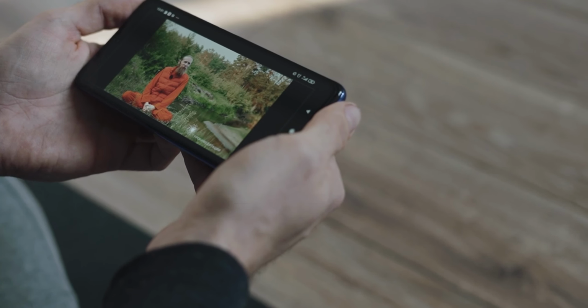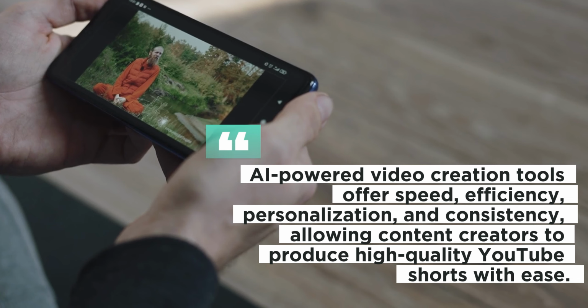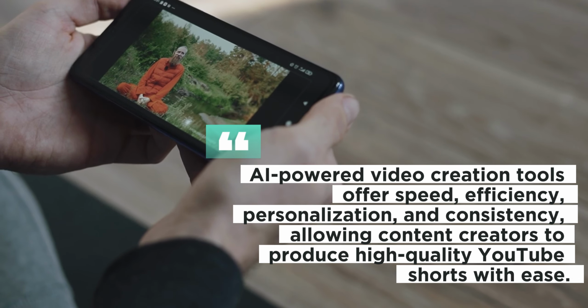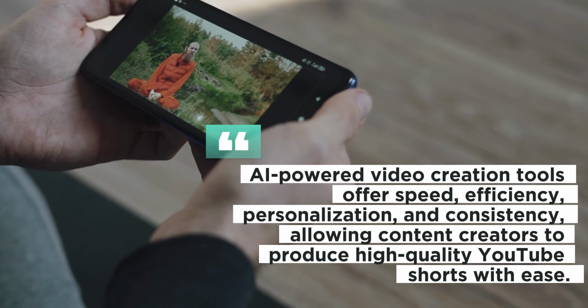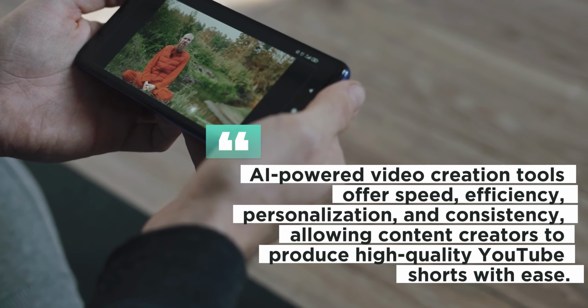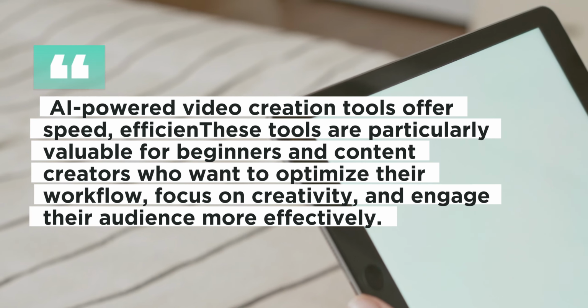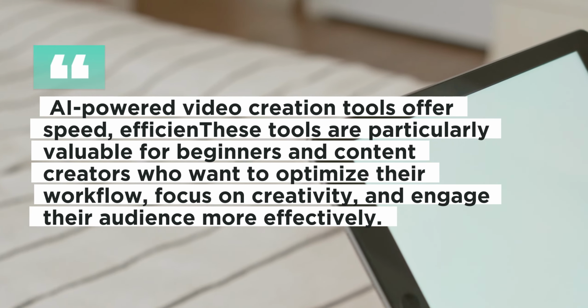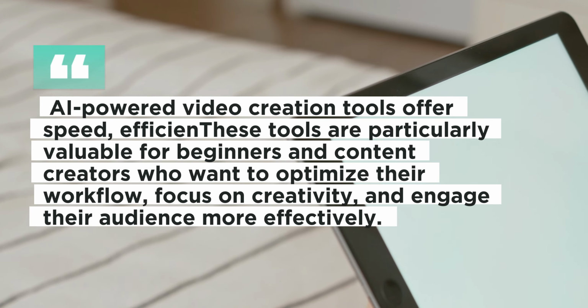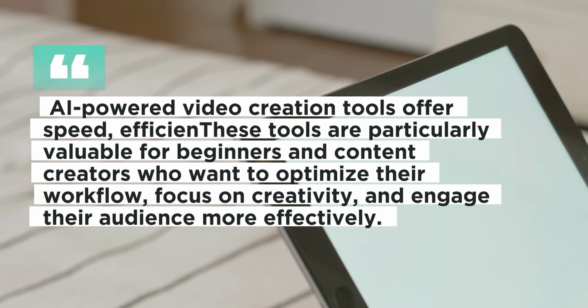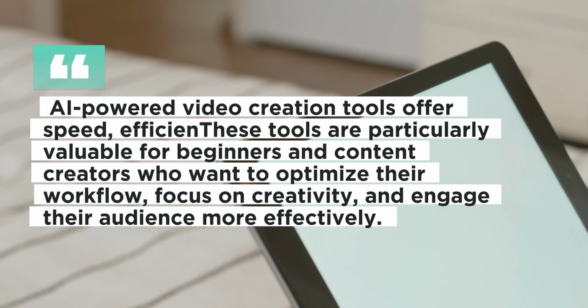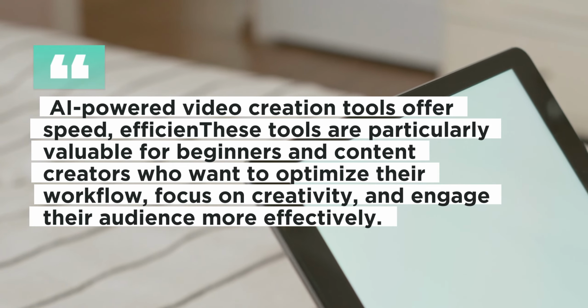In summary, AI-powered video creation tools offer speed, efficiency, personalization, and consistency, allowing content creators to produce high-quality YouTube shorts with ease. These tools are particularly valuable for beginners and content creators who want to optimize their workflow, focus on creativity, and engage their audience more effectively.